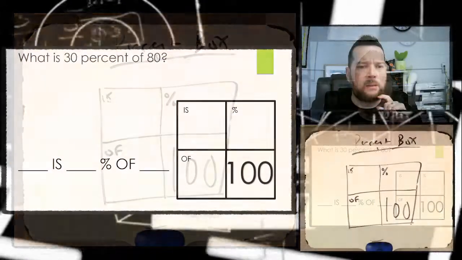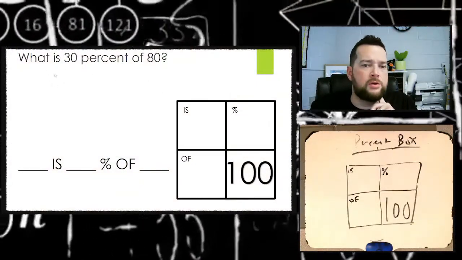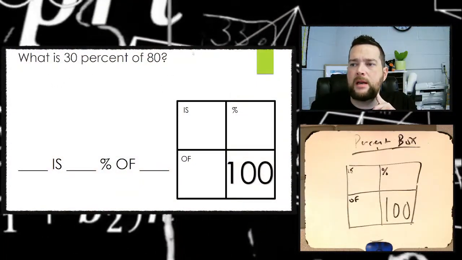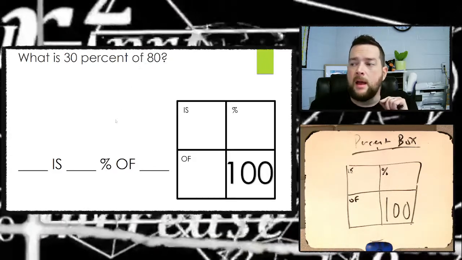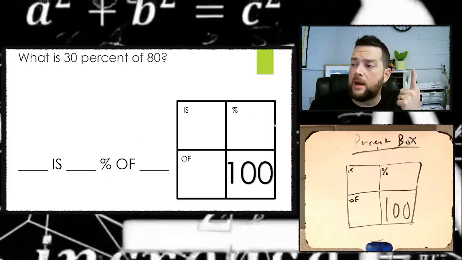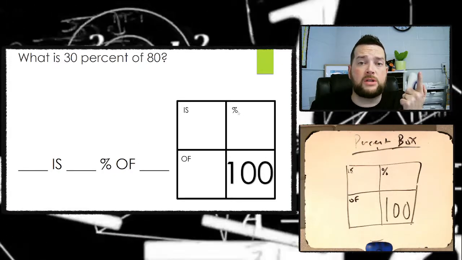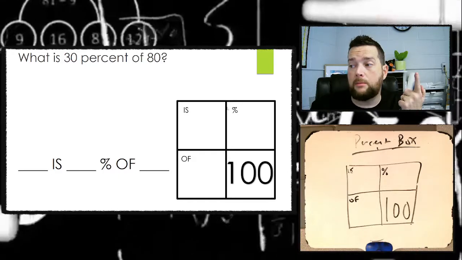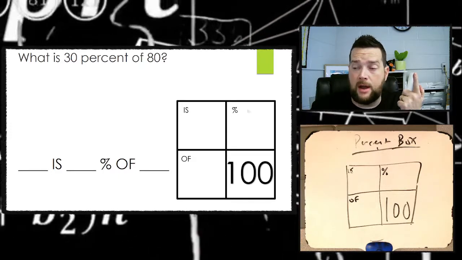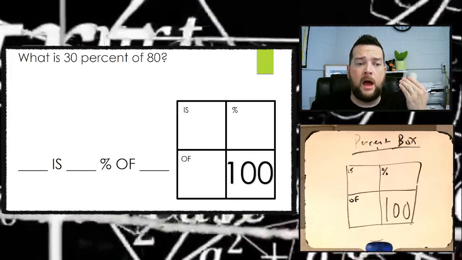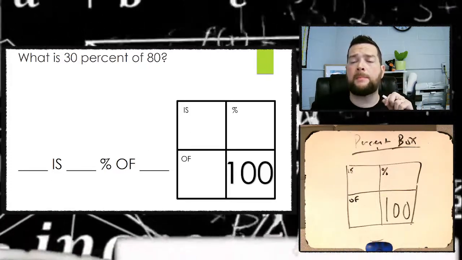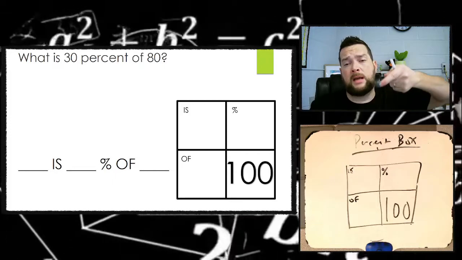All right, now let me show you how you're going to use that with this little scenario right here. What is 30% of 80? The first number that I'm trying to put in this box, usually there's a dead giveaway inside the problem. You'll see this percent sign. Let me take a step back. Percent problems, let me take it even a step back from there.